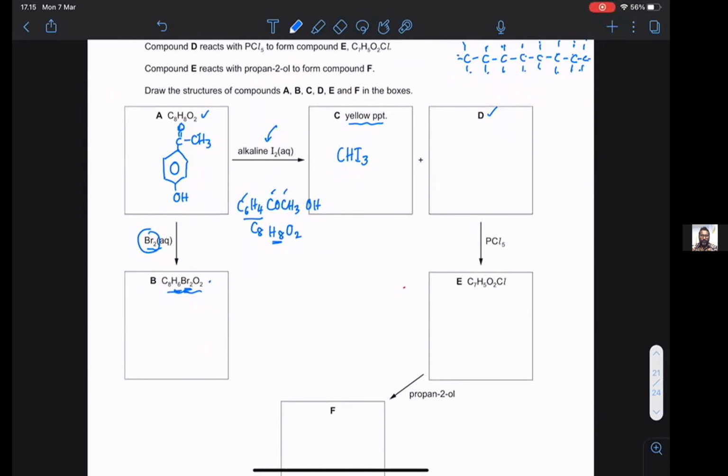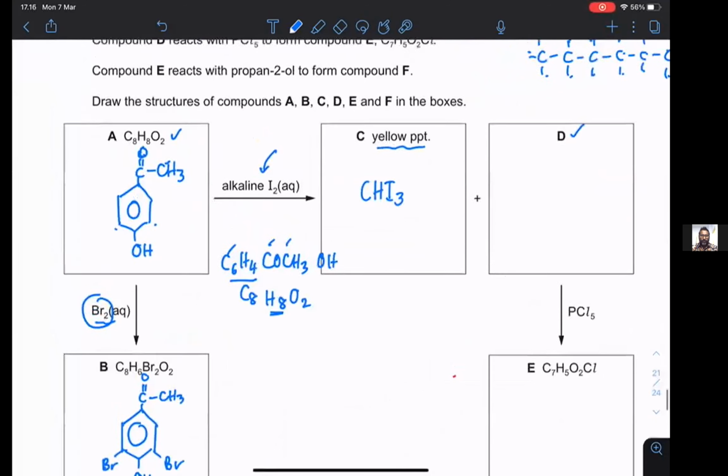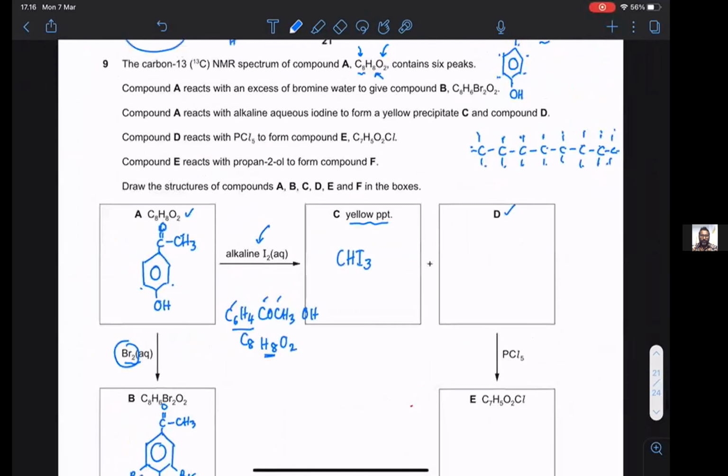Here I can see only positions 2 and 4 available, 6 is not available. So let me erase this part. I will put C double bond O CH3, and then OH, and I will put the Br here, and here. Now, if you look at the first statement, it contains 6 peaks.